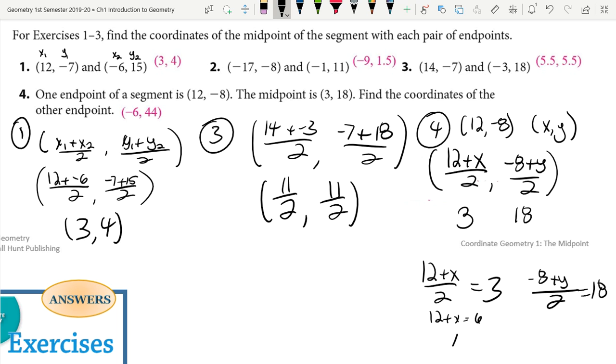Subtract 12, and I get -6. Multiply by 2, I get 36, and then add 8, I get 44. And so that's where you get a midpoint of (-6, 44). Okay, and that concludes the coordinate geometry 1 homework.